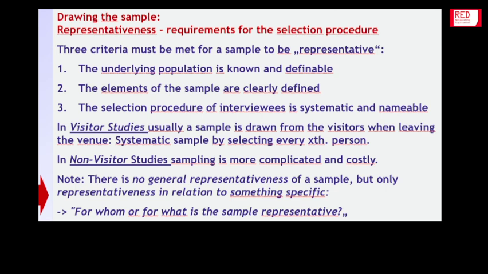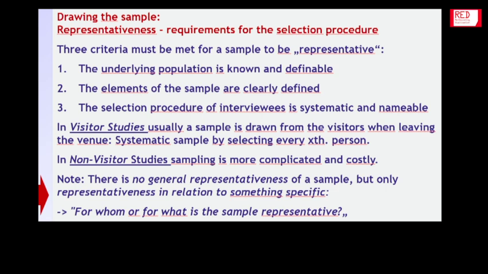Second, when you draw the elements for your sampling, you must be able to clearly define who comes into your sampling and who not. Three, the procedure where you select people to come into your sample must be in a systematic and objective manner.